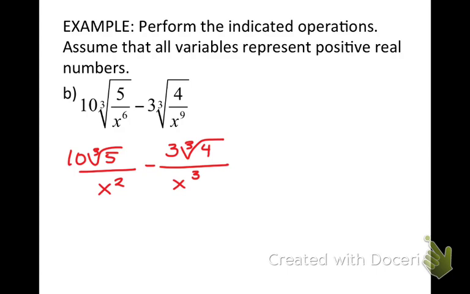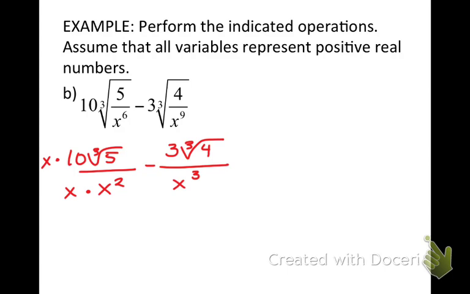What would be your common denominator of x squared and x to the 3rd? It would just be x to the 3rd. Don't make it x to the 5th. Don't make it x to the 6th. You want to take it to the highest exponent. So if this is x to the 3rd, what do I need to do to x squared to make it x to the 3rd? Multiply it by another x, right?